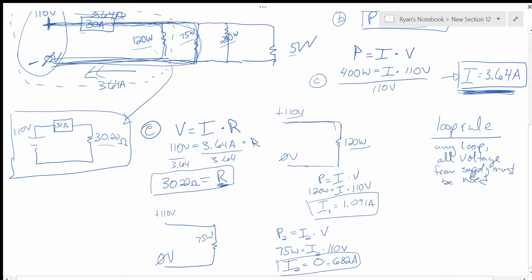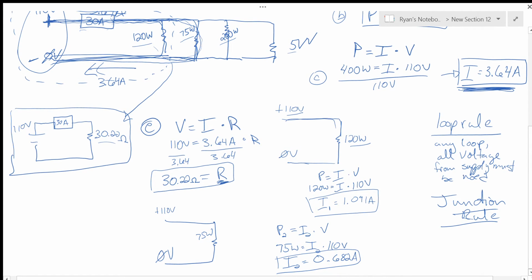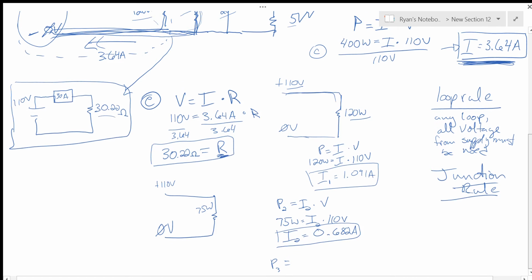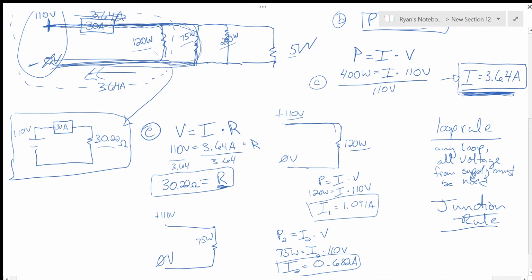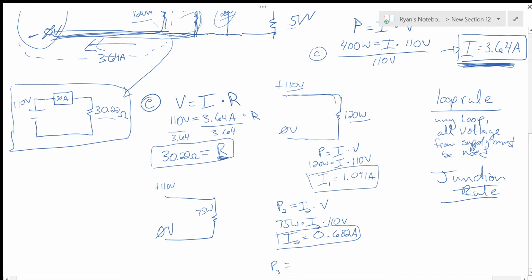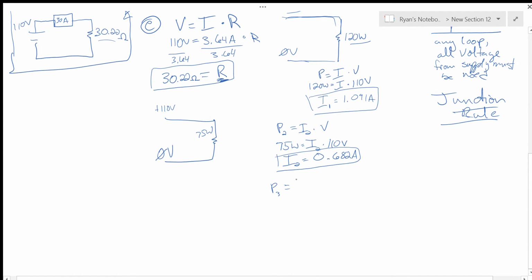That's the second rule, called the junction rule. It'll make a lot more sense in a second, so I'm not even going to write out the rule yet. Let's figure out the other two currents. P3 is the 200 watt power, the boombox, equals current 3 times the voltage again.